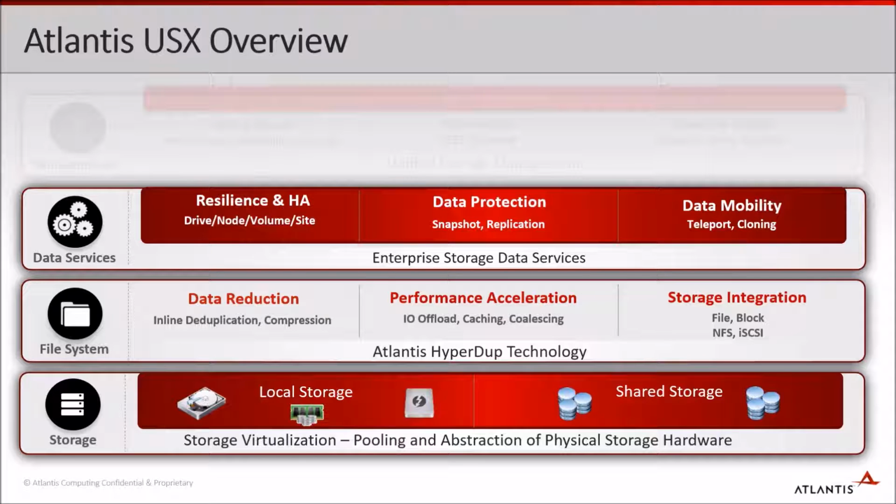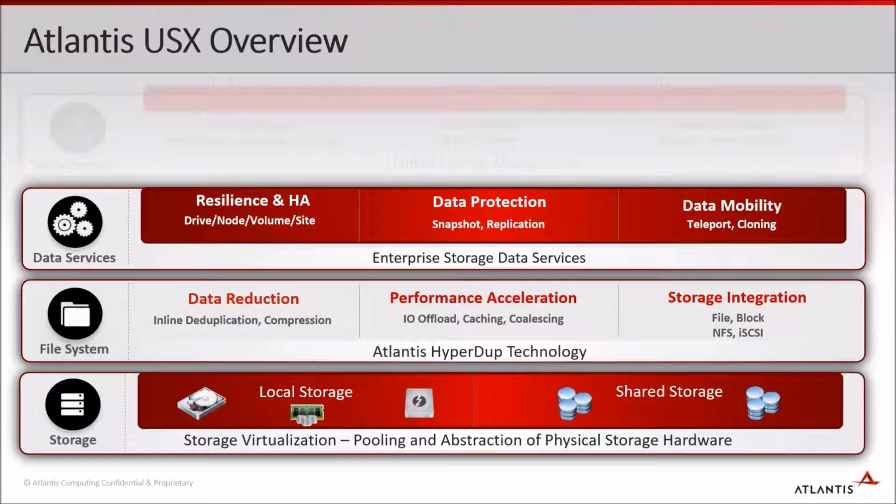We also have some unique features such as VM teleport option, where you can migrate a VM, a virtual machine, from one vCenter cluster to another vCenter cluster, and that migration is deduplication aware, i.e. in that process of migration, we only send unique blocks of data.